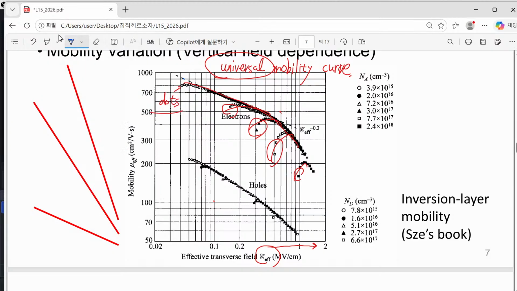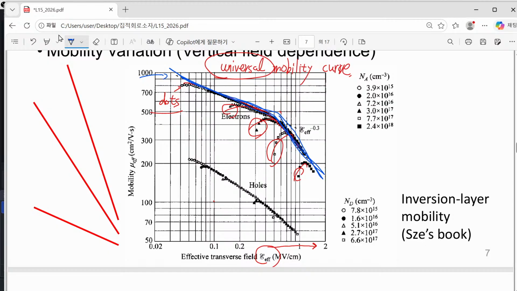Envelope here means one line, then a change of slope, and another line. This line is common for every MOSFET. If you make a MOSFET, then you must have this relation. That was experimentally proven.